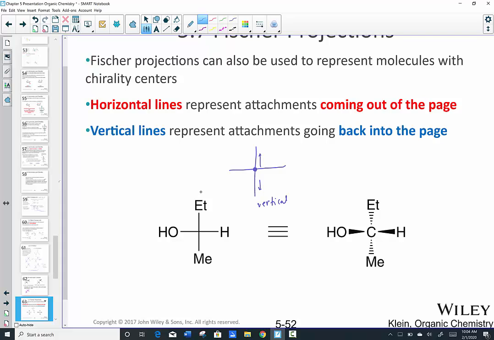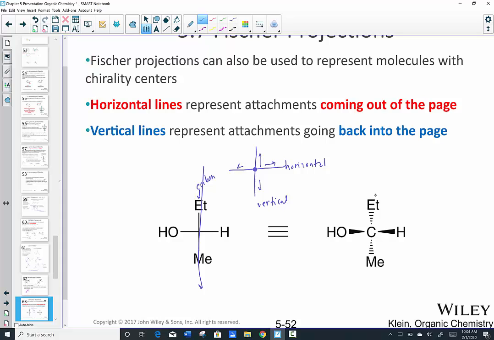They tend to be the carbon chain. So we like to place the long carbon chain in the vertical line. If we have chiral center functional groups, they'll go on the horizontal line. So I'm going to look left and look right. We call those horizontal lines the horizon, and that's where you'll find your functional groups.